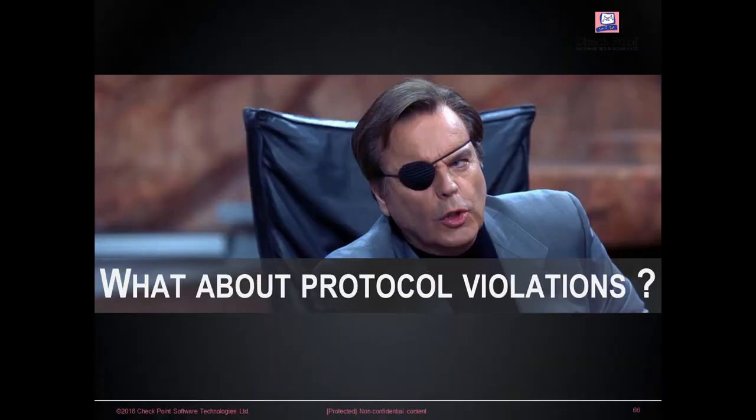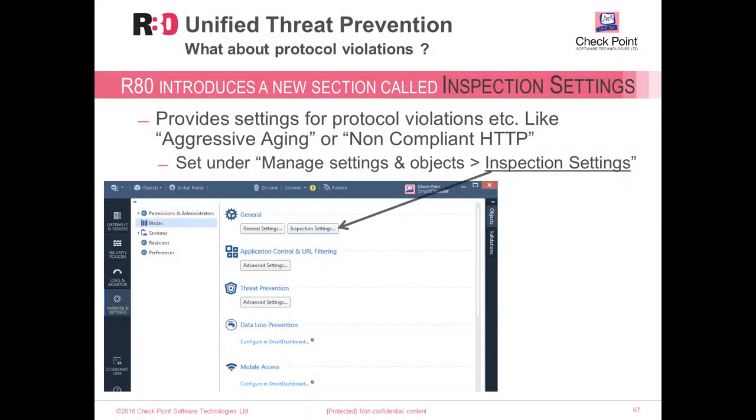What about those protocol violations that I have been seeing inside the graphical user interface? Protocol violations that we had inside the IPS settings for pre-R80 gateways in R77.30, for example, allowed you to configure parameters like SYN protection or, for example, HTTP protocol violation or, for example, aggressive aging. Those configuration parameters are not really an IPS feature, it's more a feature of the security gateway itself.